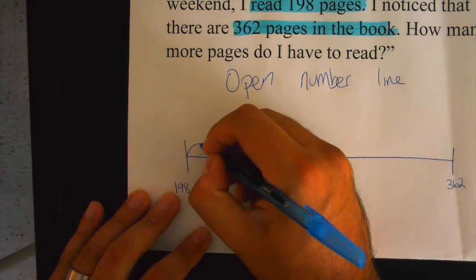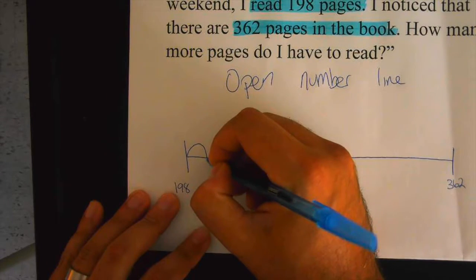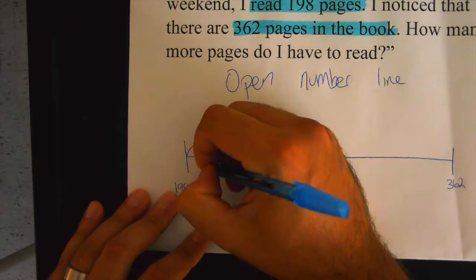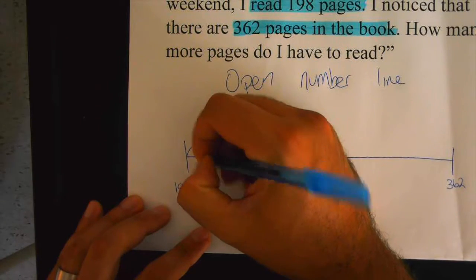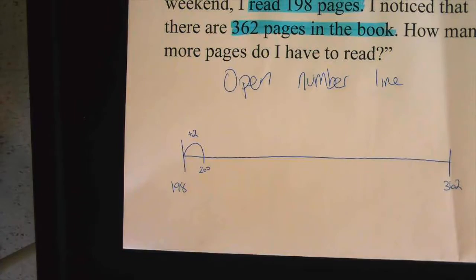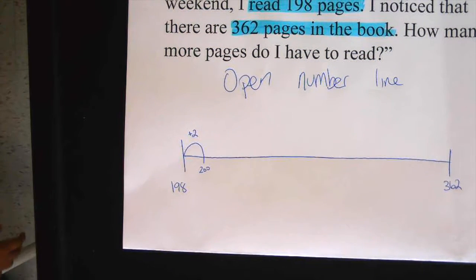So I'm going to show that by doing this little loop, and I'm going to label this now 200. And to get from 198 to 200, I have to add 2. The next easy number is 300. Remember, I'm using this example that was just shown to us.